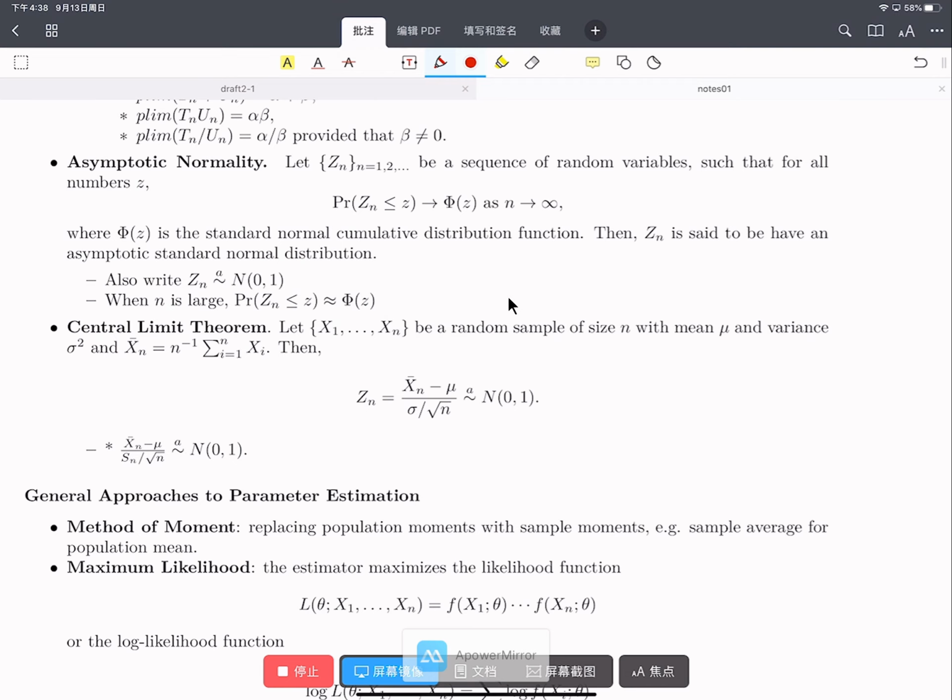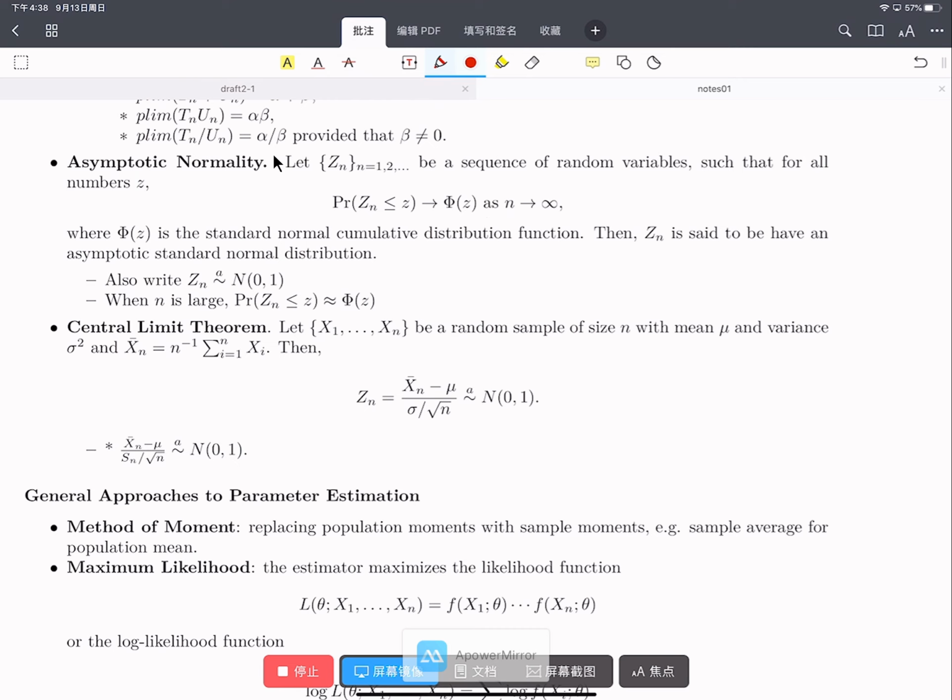If we have an appropriate transformation of the estimator, then as the sample size is growing, the estimator or the statistic converges to a normal distribution. But it requires basically two things.